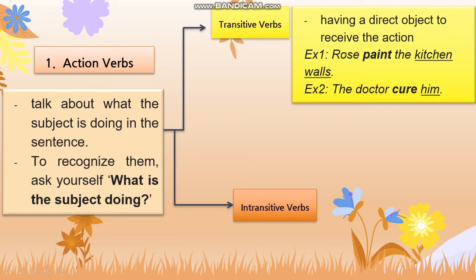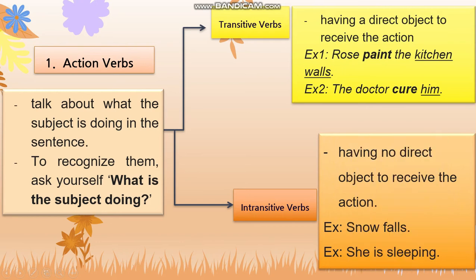But what about intransitive verbs? An intransitive verb is a verb that needs no direct object to receive the action. Let's take a look at some examples. Snow falls. The word falls here is an intransitive verb because it has no object. Sometimes we add some more expression like snow falls in Japan. In Japan here is just a prepositional phrase which tells us where it happens, but there's no object to receive the action of falling.